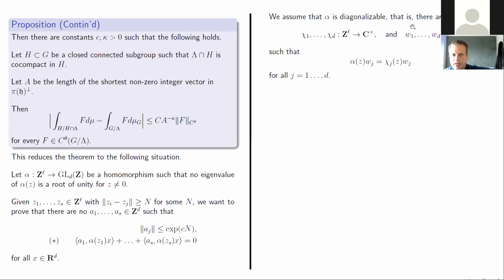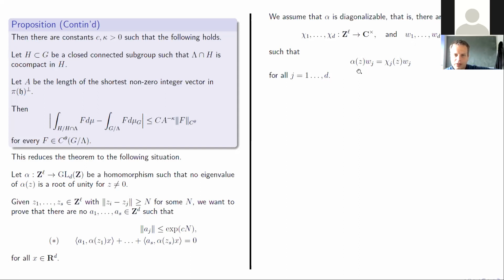That means that there are some characters chi_j on Z^L, non-zero complex numbers, and some vectors w_j in C^D, which will be the eigenvectors.